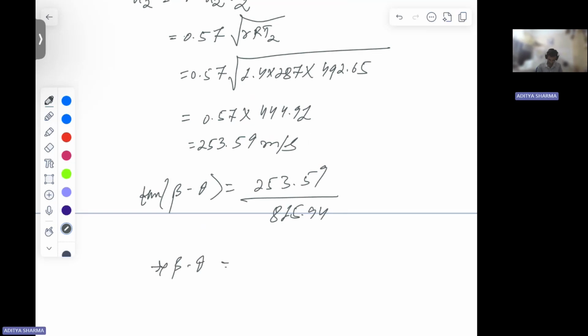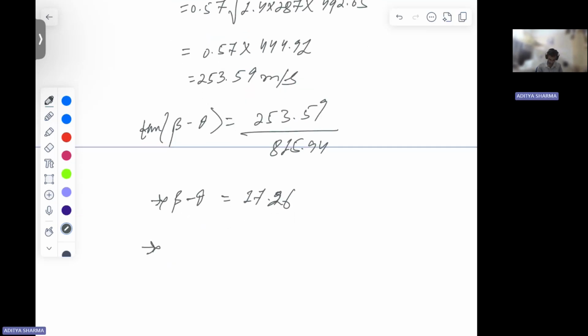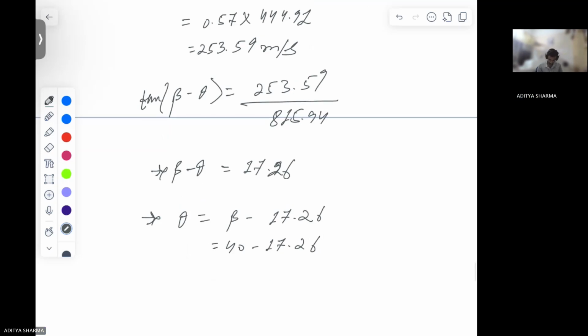So beta minus theta is equal to 17.26, implies theta is equal to beta minus 17.26, 40 minus 17.26. This is 23.74 degrees.